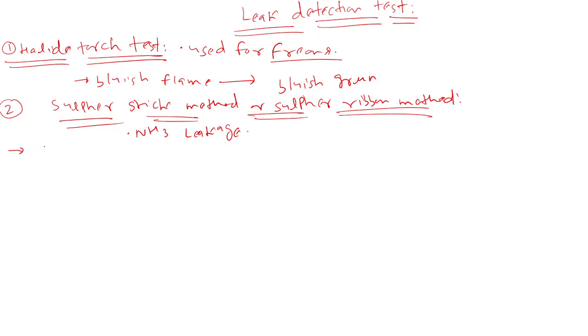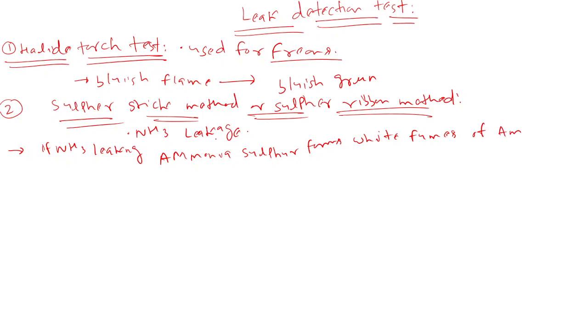If ammonia is leaking, ammonia and sulfur form white fumes of ammonium sulfide.